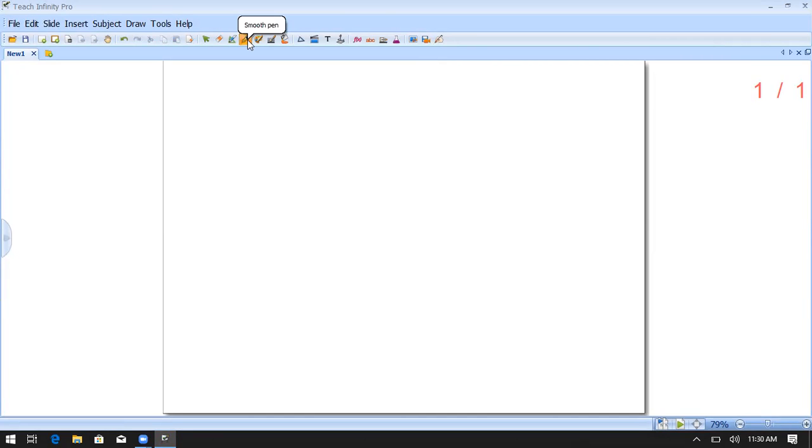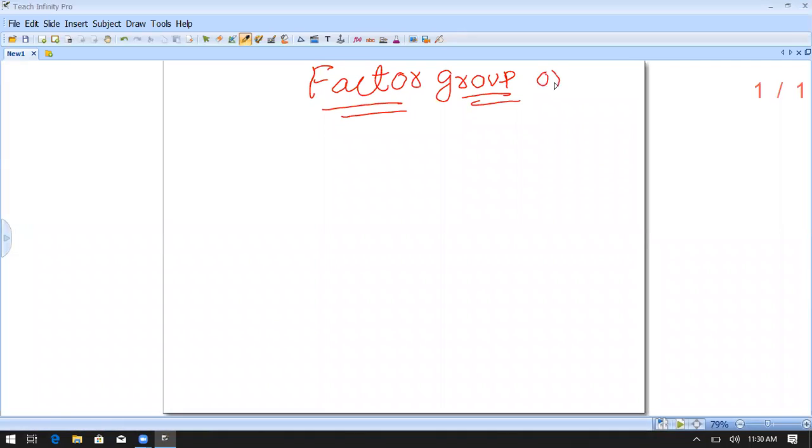In today's class, we shall study about a factor of a group, or you can say this as a quotient group.